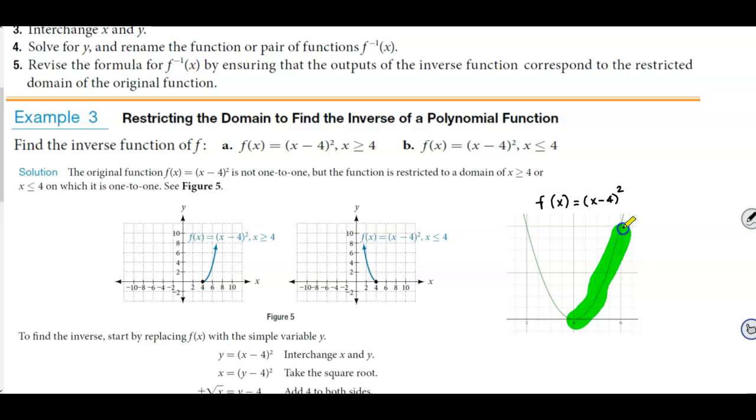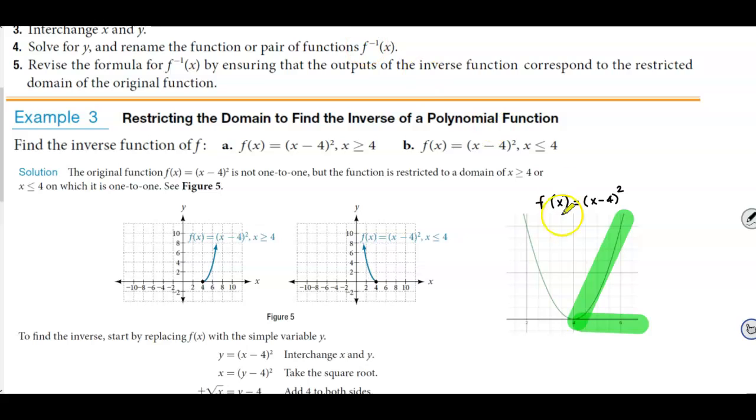So here, if we look at this side and cut the other part in half, this side would represent all the values where x is greater than or equal to 4, because that's where it's starting, at 4.